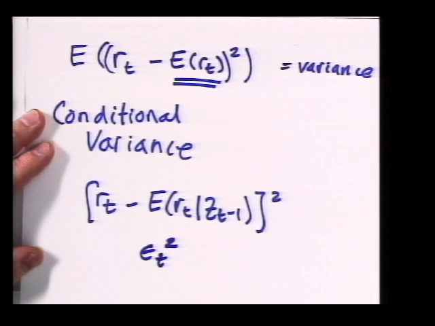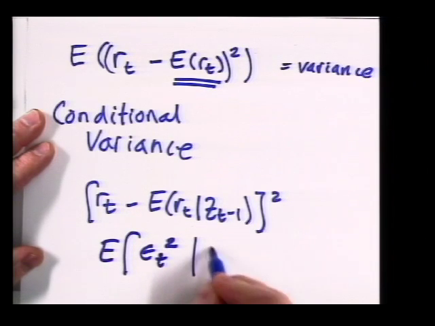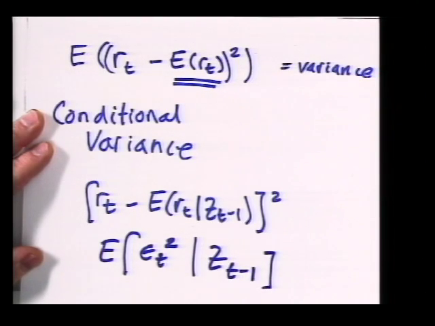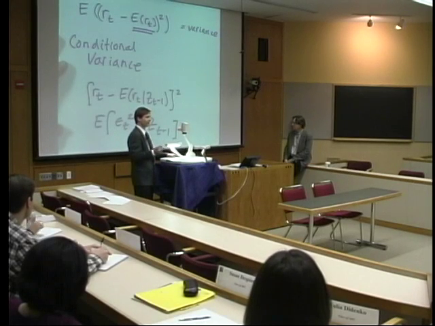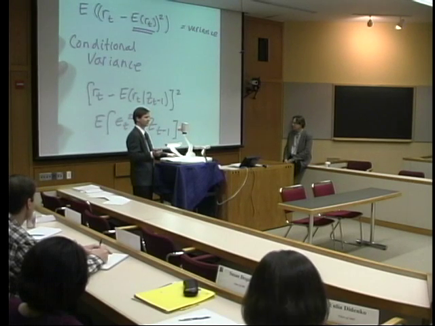And then what we want to do is to get the expectation of that conditional on information at t minus 1. Okay? And this is a very simple way to model volatility. So let me go through the steps. We've got some regression model for your returns. You pick off the residuals.